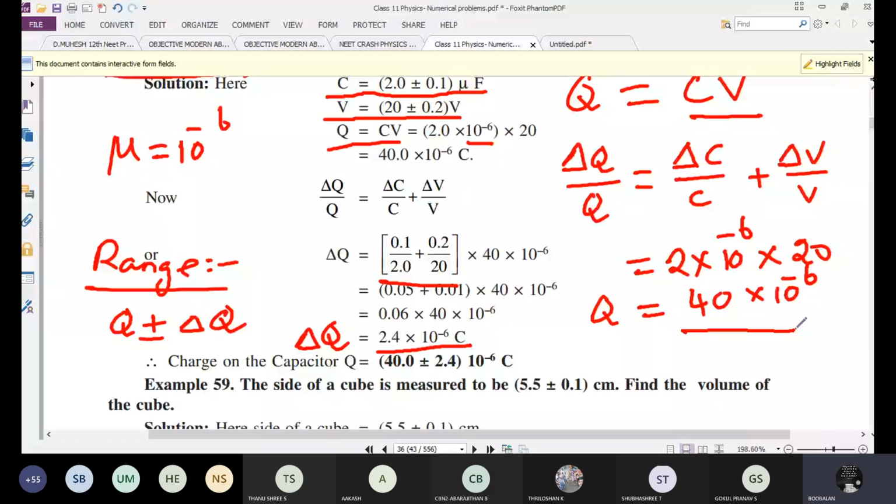Mean absolute error, that is the del Q value, 2.4 into 10 power minus 6 coulomb. So commonly I will take out 10 power minus 6. Finally I will get 40 plus or minus 2.4 into 10 power minus 6 coulomb. Just using the error in product formula.